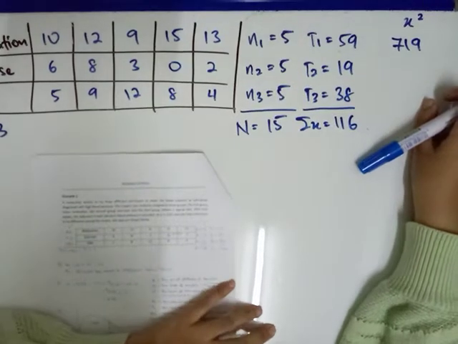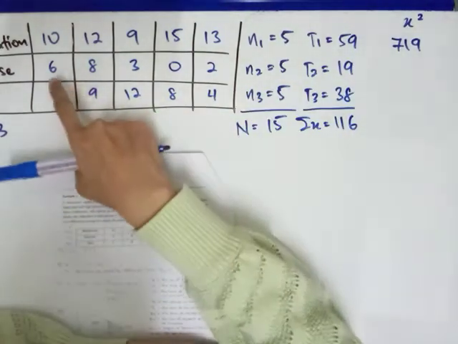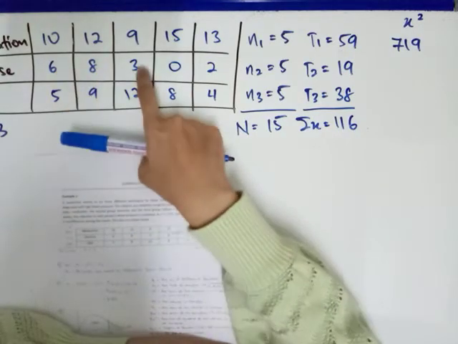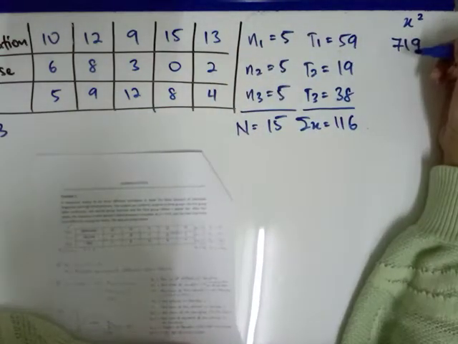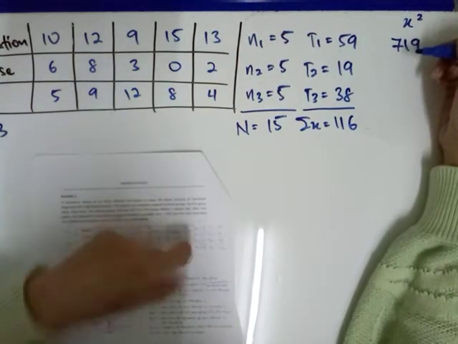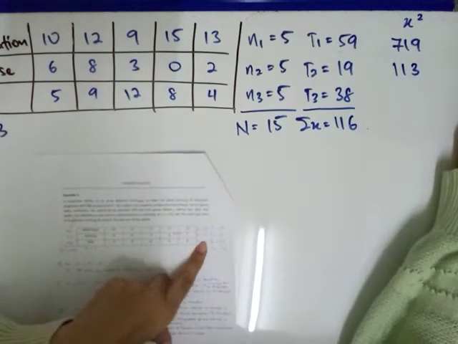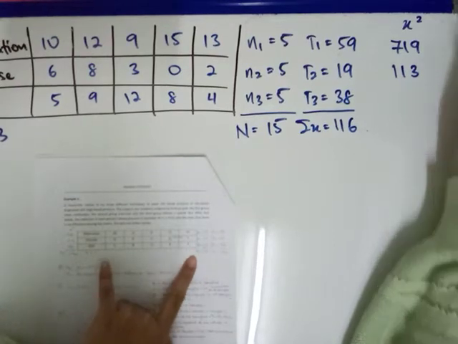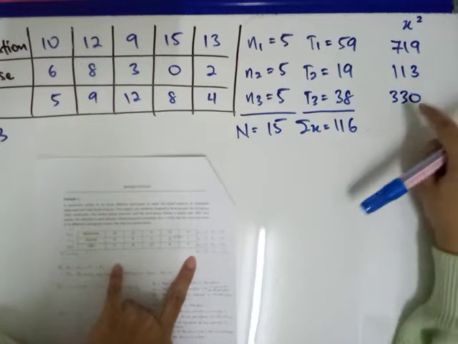And then the second sample, you need to square each value: 6 square plus 8 square plus 3 square plus 0 square plus 2 square. You total up and get 113. And then for the last sample, you will get 330. Try calculate, dapat tak?